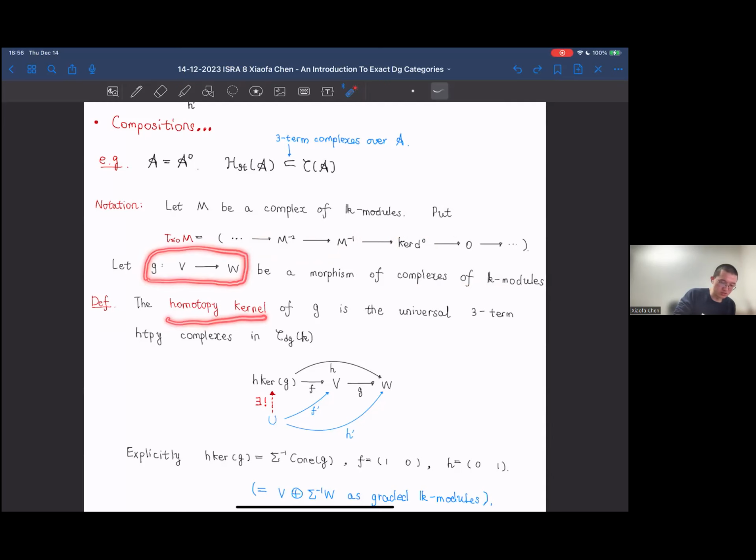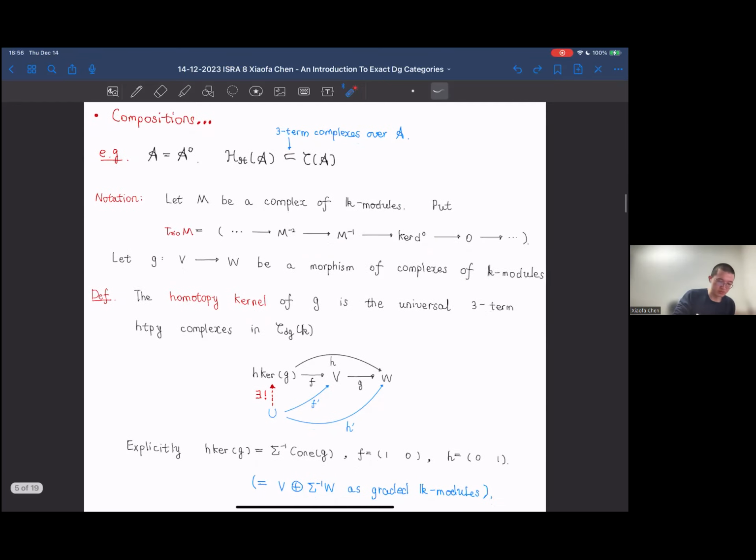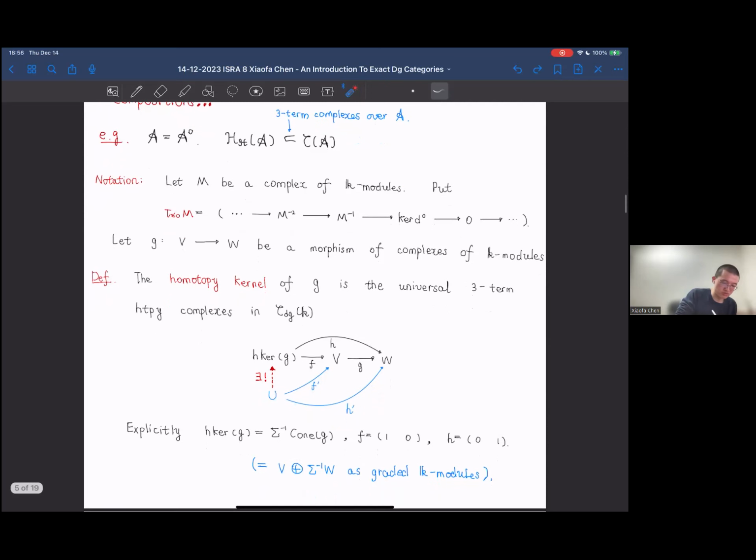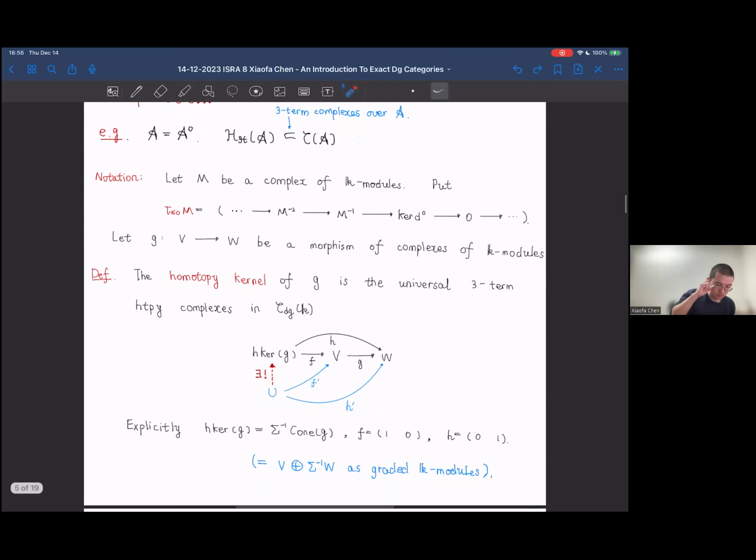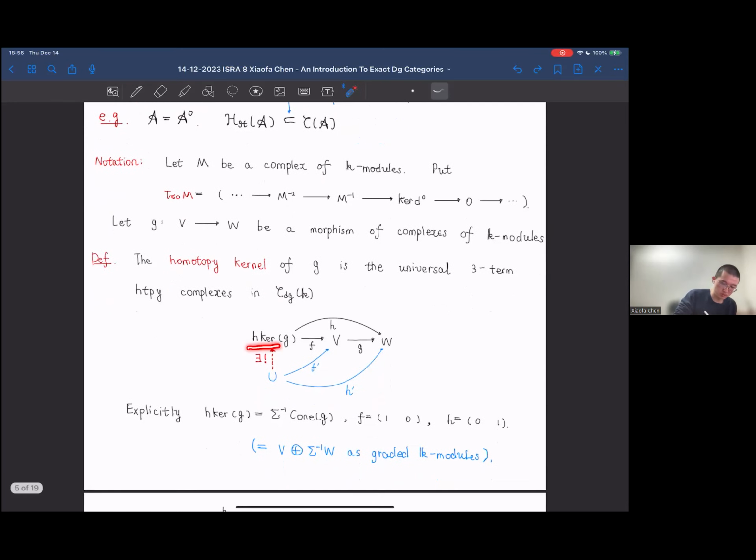So in the DG category of complexes of K modules, the homotopy kernel of G will be the universal 3-term homotopy complex in the DG category of complexes of K modules. So it will be this object here.